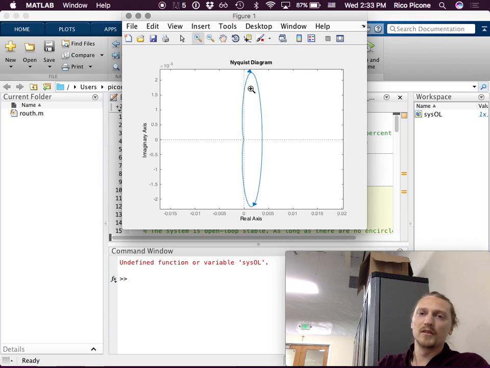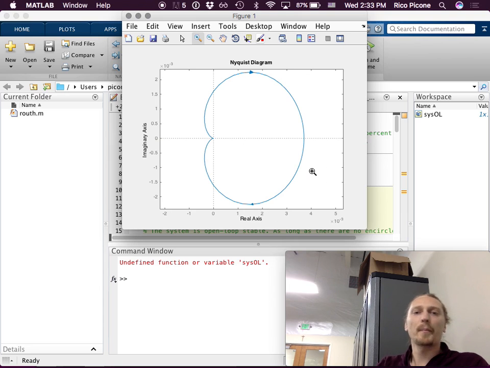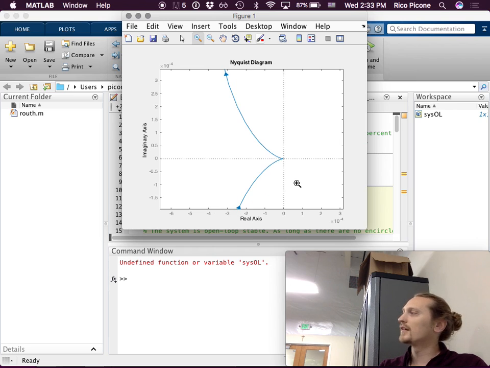So we zoom in, and what we see is this cardioid with one cusp in it that is coming into 0 here and has how many intersections with the negative real axis?